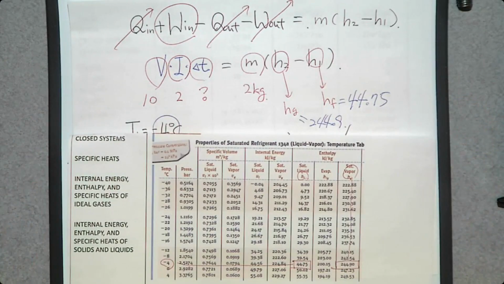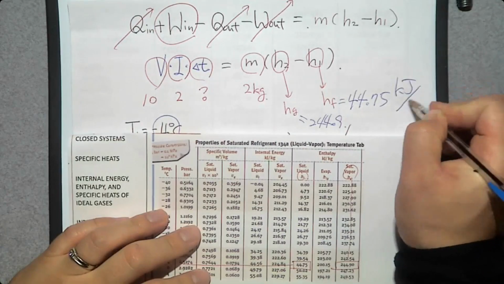So if you solve it, you get the time. There's one thing you need to be careful about here. What is the unit of this right-hand side? What is the unit of Hg and Hf? Kilojoule per kilogram.